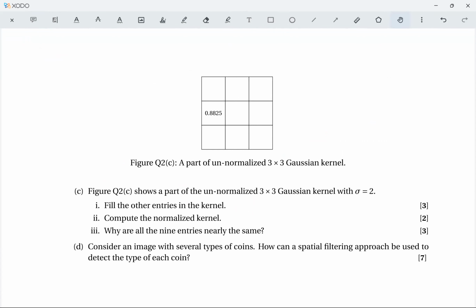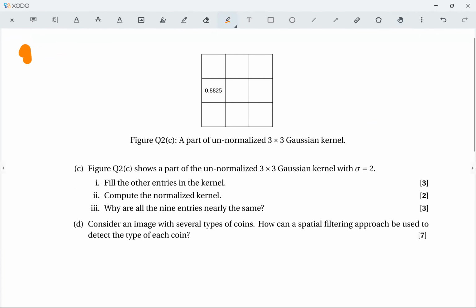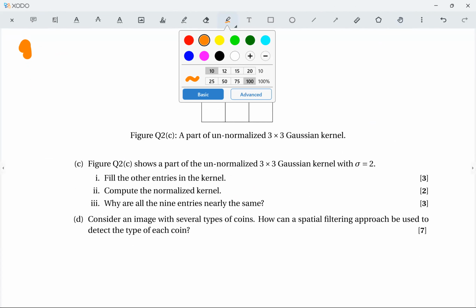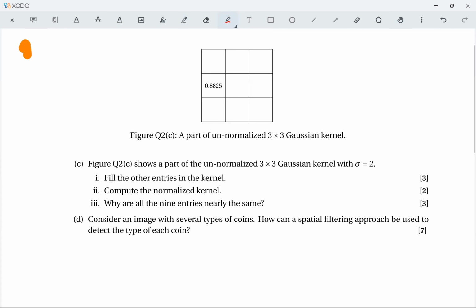Since we had to do the unnormalized version, we take the Gaussian g(x,y), and we don't have to write the normalizing constant: e to the power of minus (x squared plus y squared) divided by 2 sigma squared.